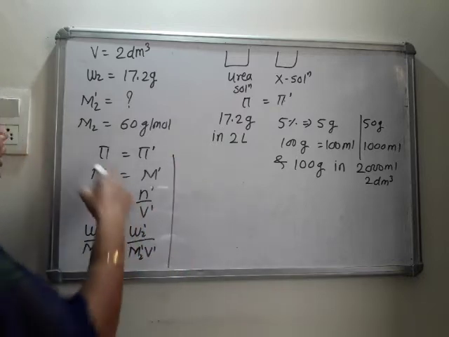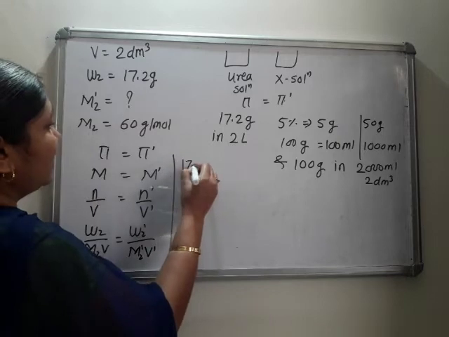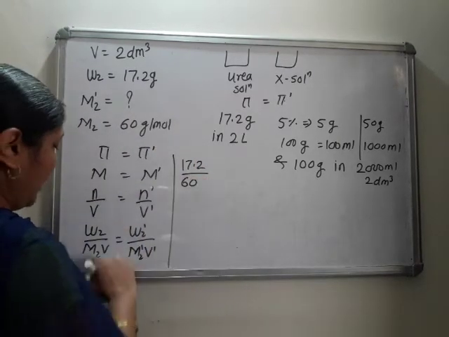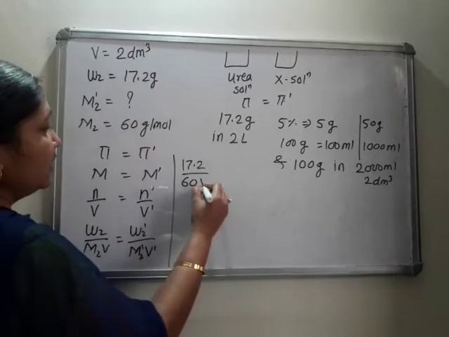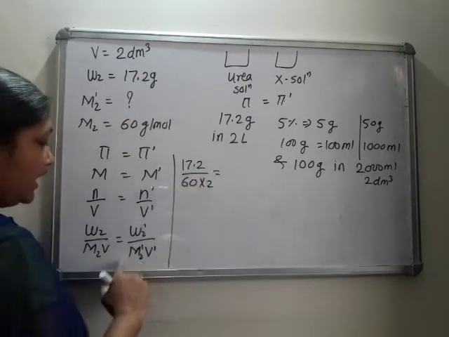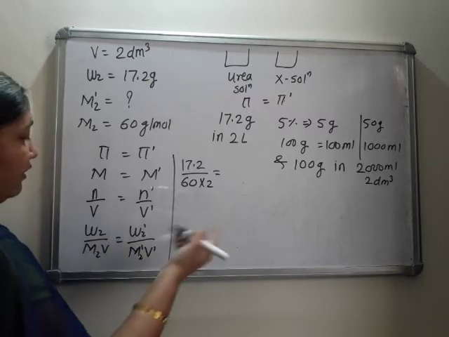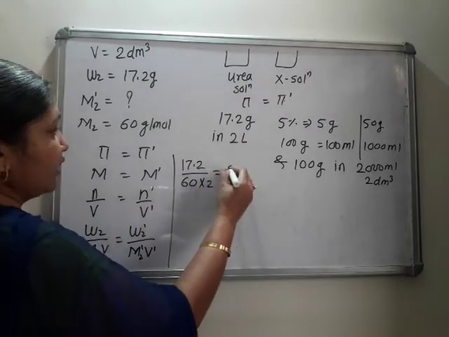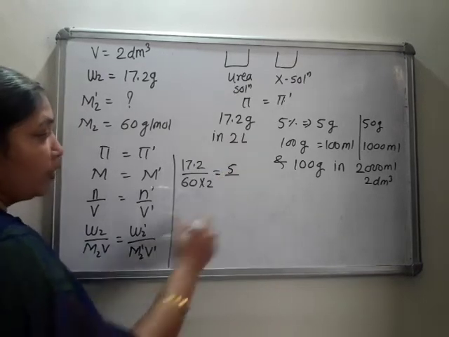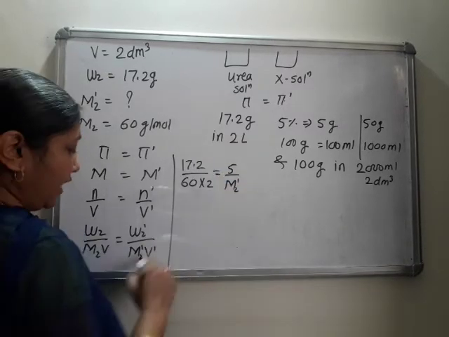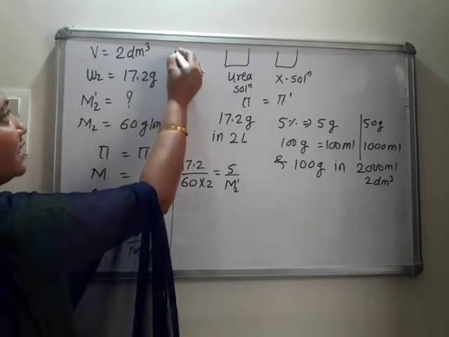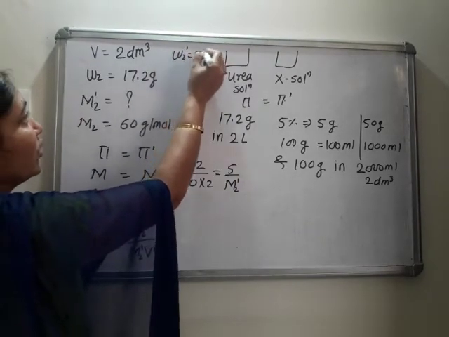Put the values. W2 is how much? 17.2. m2 is how much? 60, and v is 2 liter. So v is 2 liter is equal to W2 dash. We don't know. W2 dash they have not given 5%. So W2 dash is 5. M2 dash we have to find. And what is v dash? 5% means if we consider W2 dash is equal to 5 gram.